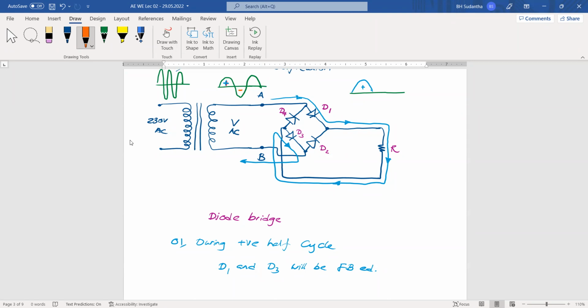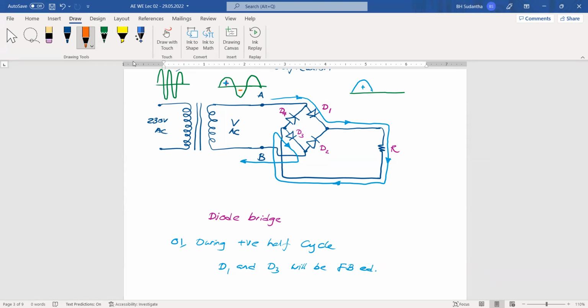Now the voltage has been created in the other direction. During the negative half cycle, with respect to point A, point B is positive. Then the positive voltage created at point B should go to point A, so we can find the path by which this voltage can go there.